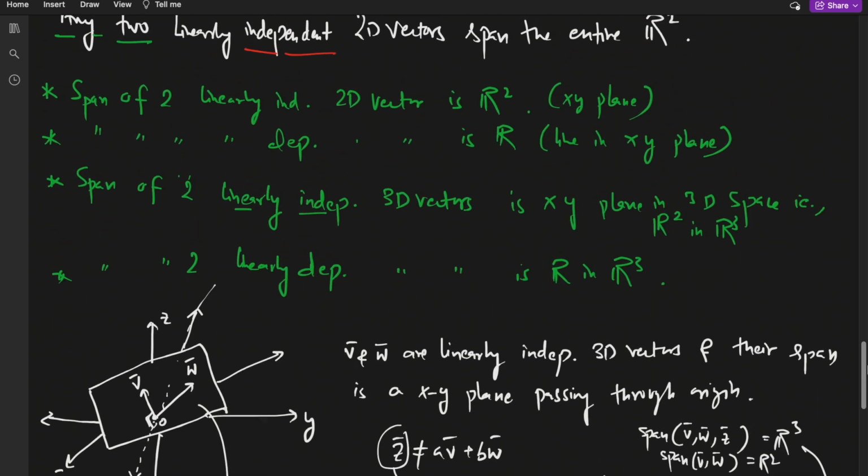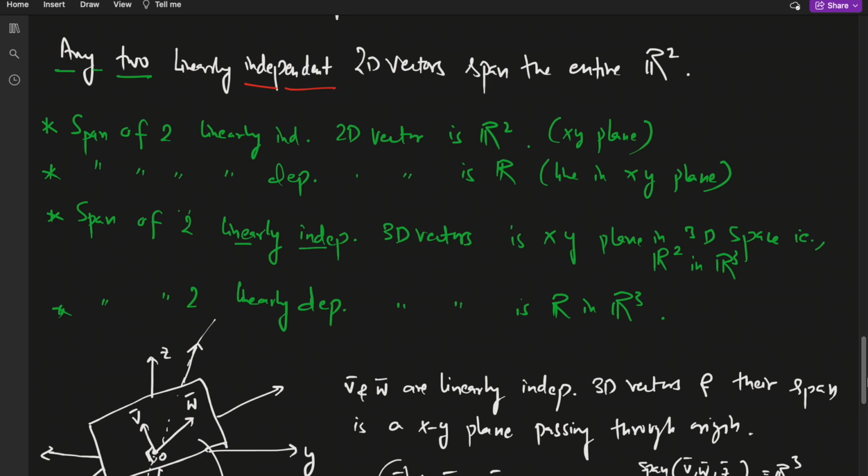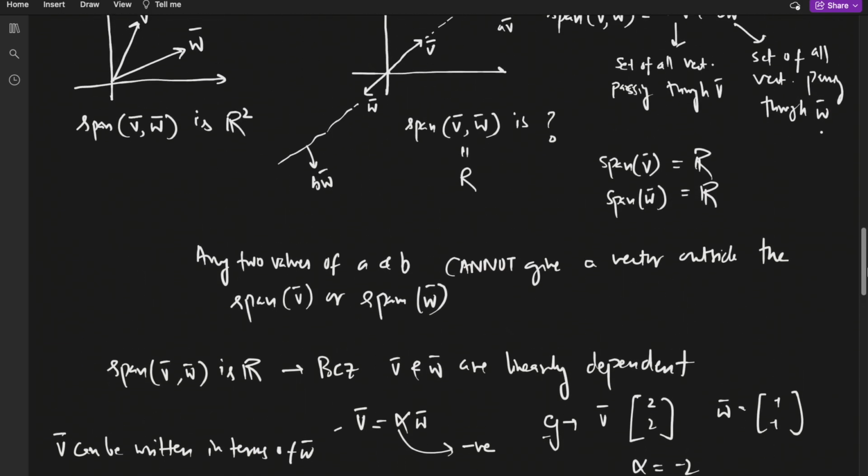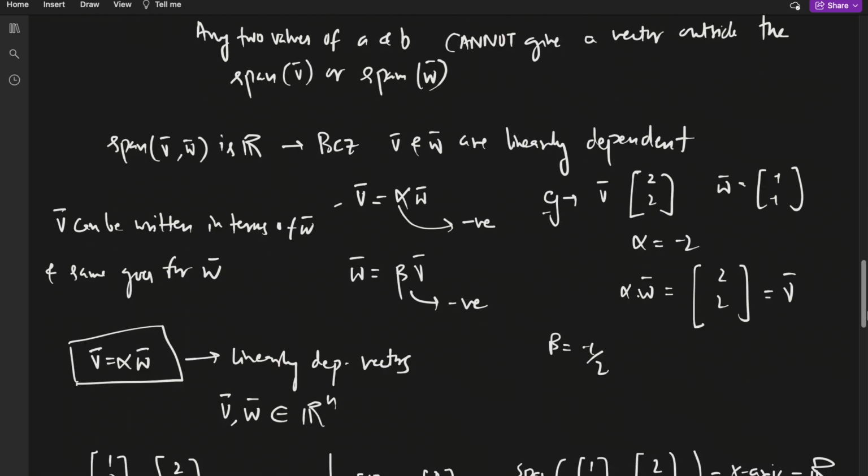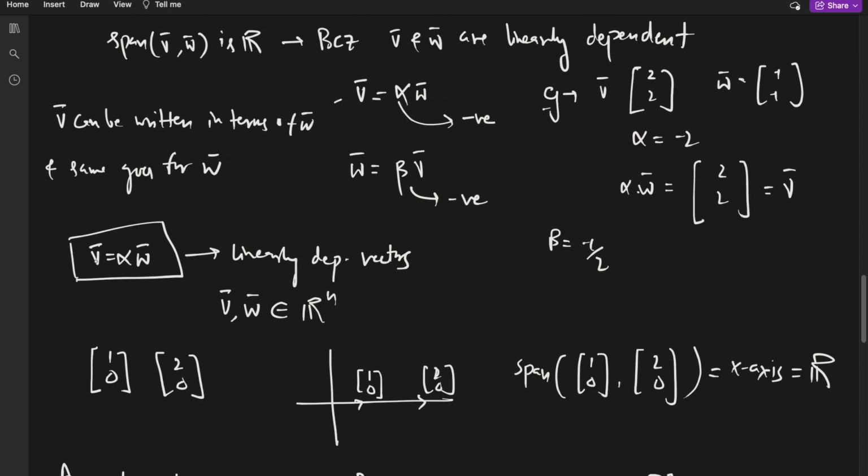All right. So I think it is very clear to you what is linearly independent and linearly dependent vectors. The very basic definition is this: if vector v can be written as some scaled value of vector w, then v and w are linearly dependent vectors.